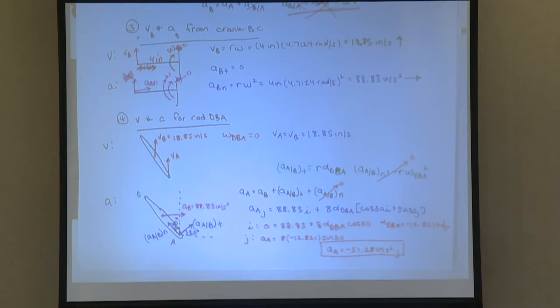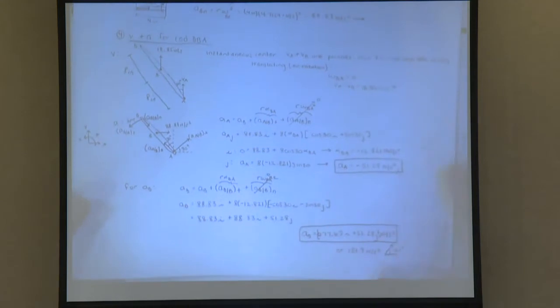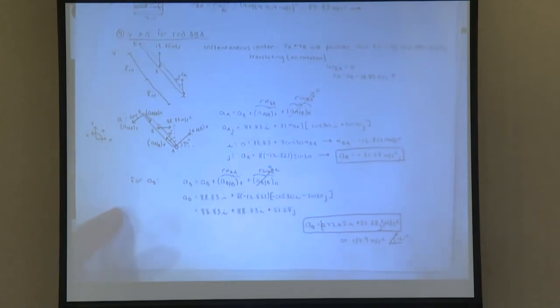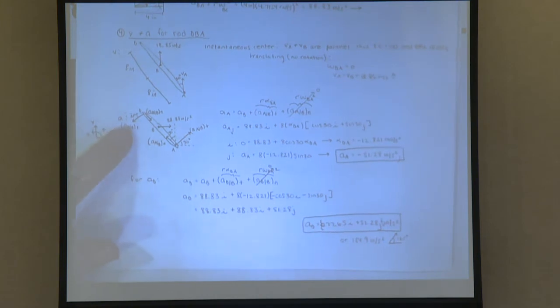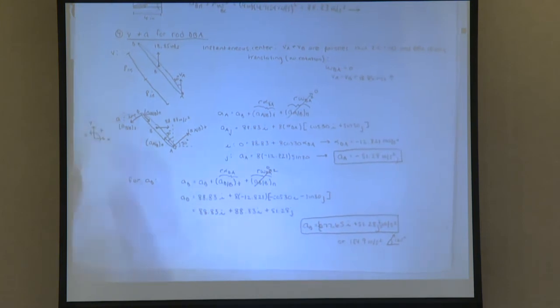Since finding the acceleration at point D is literally the same process, I'm going to just put my solution up here and we'll talk about it. For acceleration at point D, you would draw your tangential and normal components relative to B. You'd write out your equation, AD equals AB plus the tangential and the normal components.